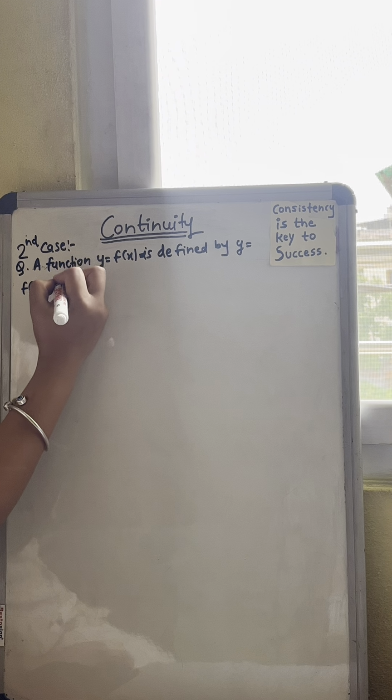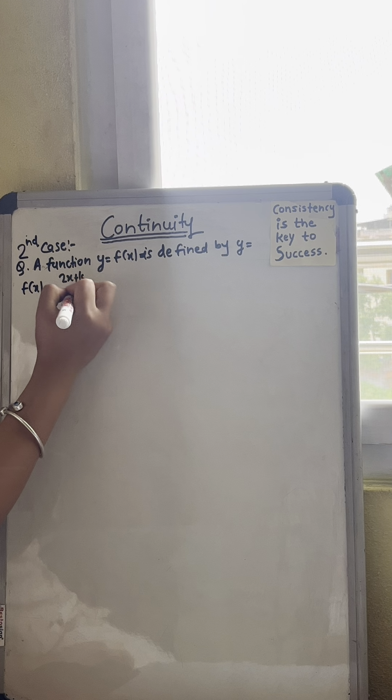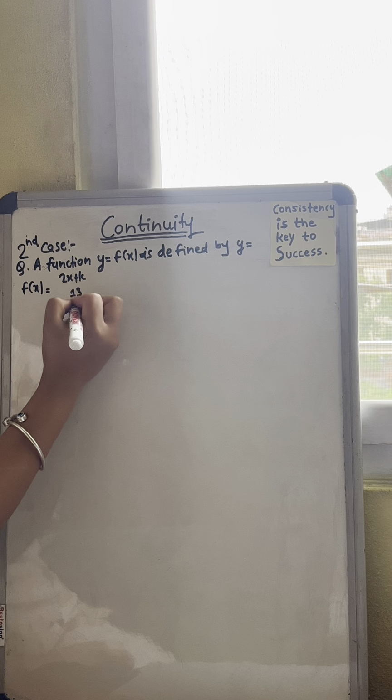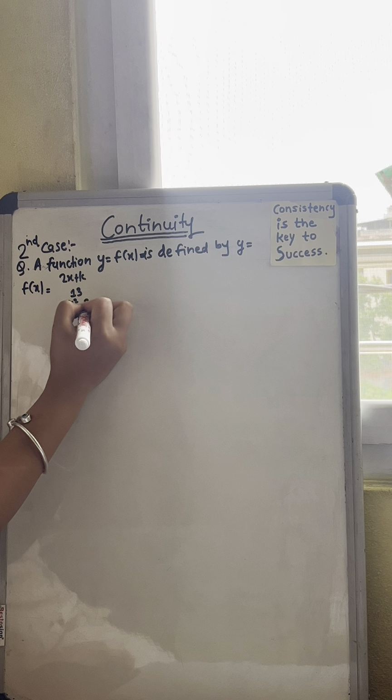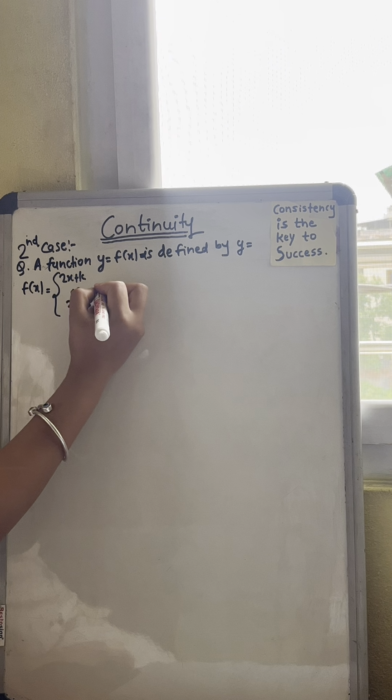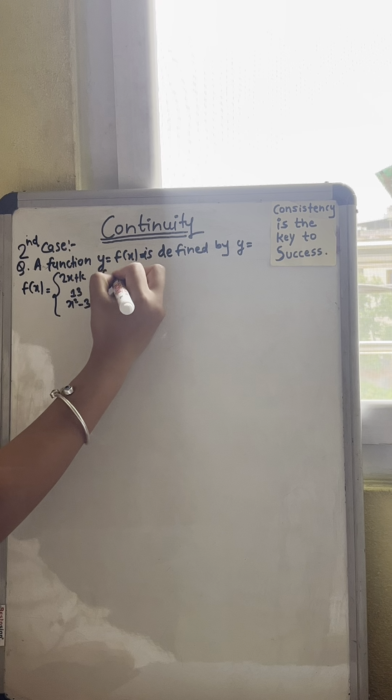If it is continuous at x = 4, find k. So here the function is given as continuous and we have to find the value of k.